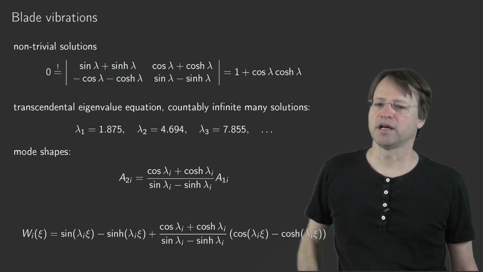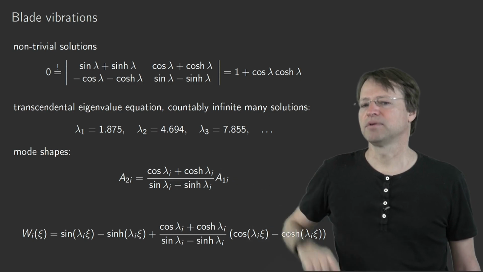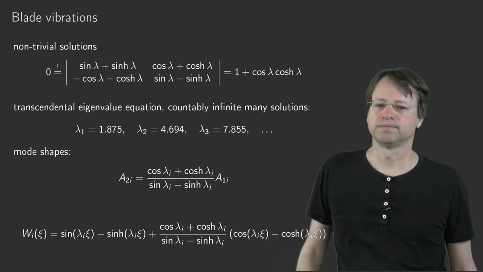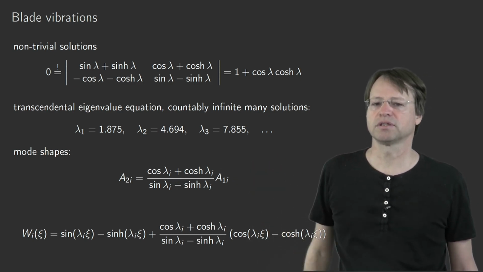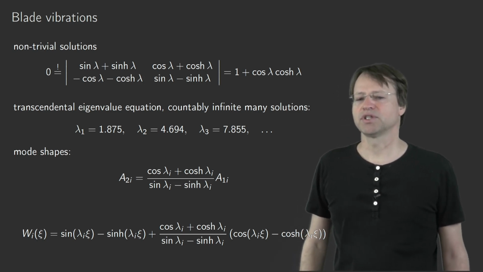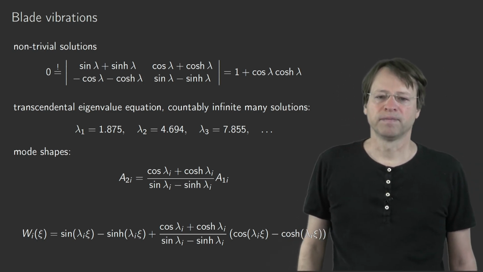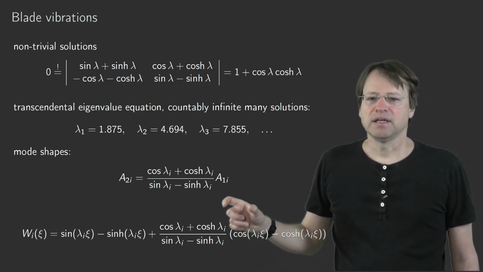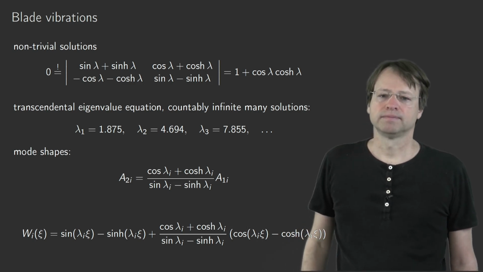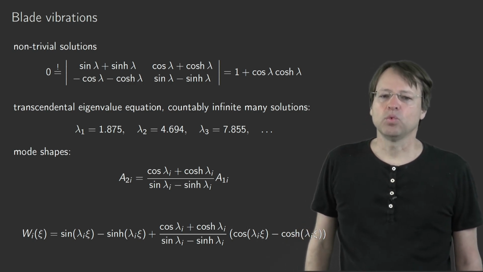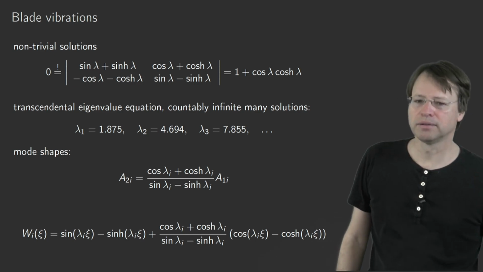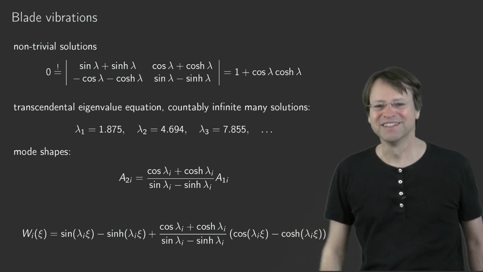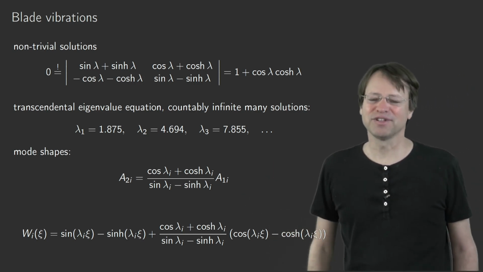that relationship to A1i. So then I have to multiply that function with some constant. So there's some normalization constant, A1i, that has been set to 1 here. So this would be the mode shape. And now you see already one difficulty. Well, maybe 2. It's very long, that expression, but that was not the difficulty.